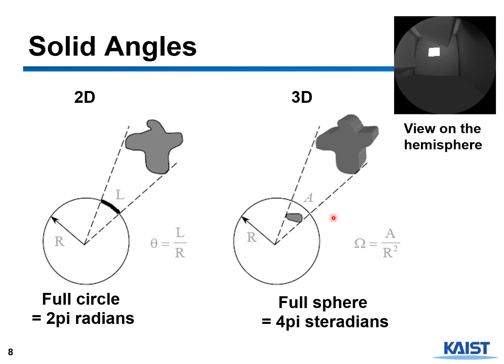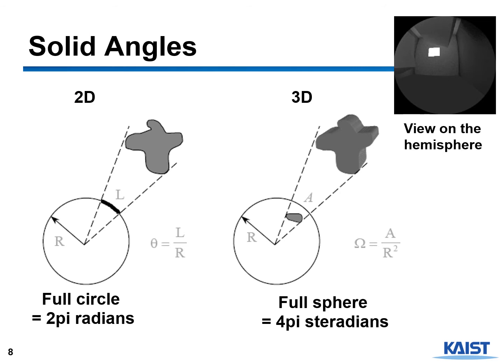In this case, solid angle is defined by the projected area divided by r squared. If we typically use the unit sphere, r becomes 1, and then the full circle corresponds to 2 pi radians. I didn't really talk about the unit for the solid angle. We use the radian for 2D. For the 3D case, we use steradians. But much more important is the concept of solid angles.